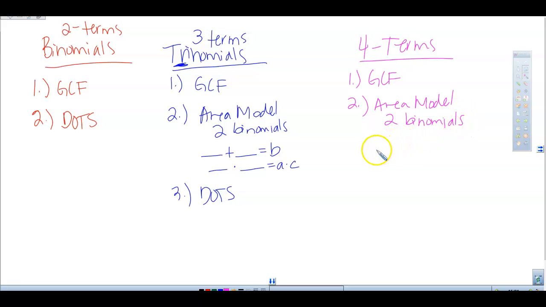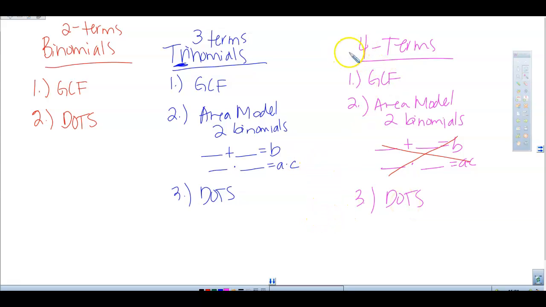The only difference is for the 4 terms, you don't have to do this step right here, because you will have the 4 terms already. You'll just put them in the box, and then at the very end, you check for dots.